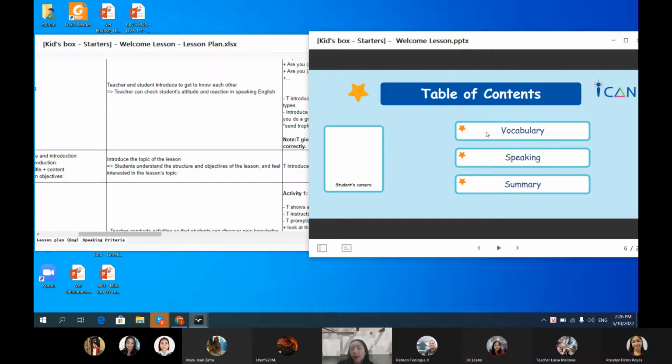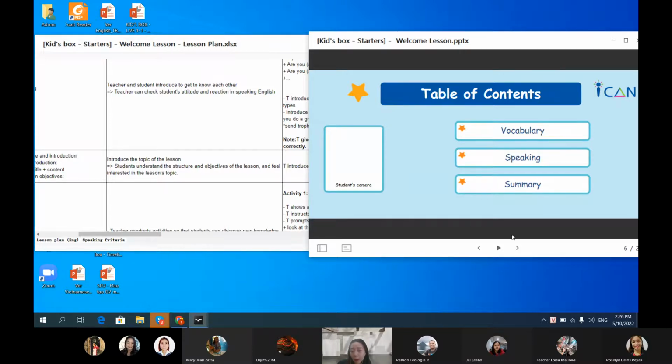We have the table of contents, and here we can see that the table of contents is divided into three parts. The first part is vocabulary, the second is speaking, and the last is summary. Okay, so whenever we go to the speaking part, we're gonna have the speaking questions for them.